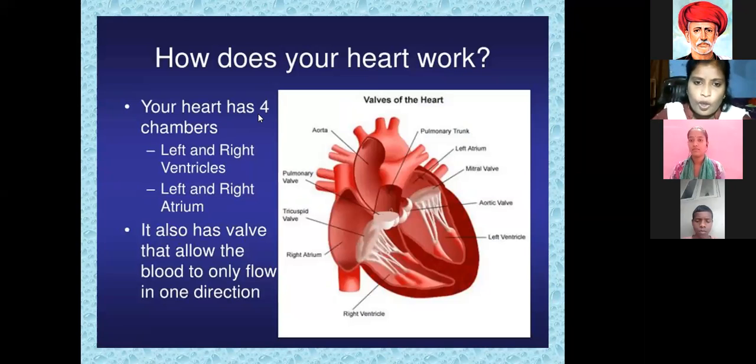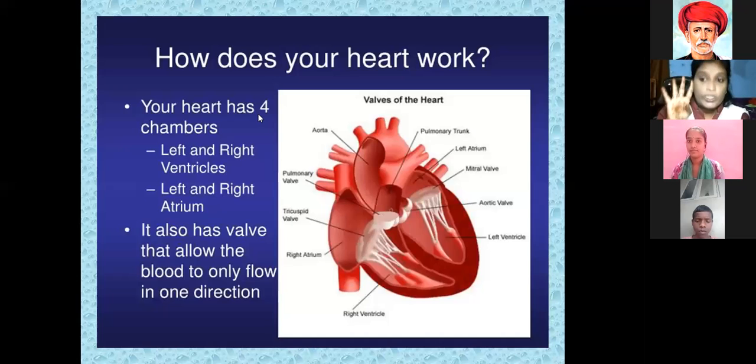Next, how does your heart work? I will give some explanation. We know the heart has 4 chambers. How many chambers are there in the heart? 4 chambers.